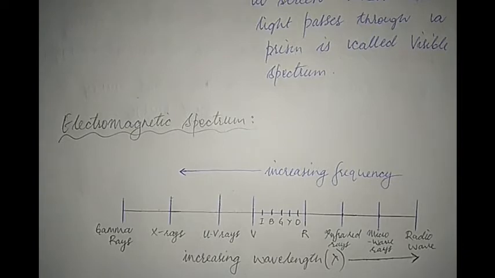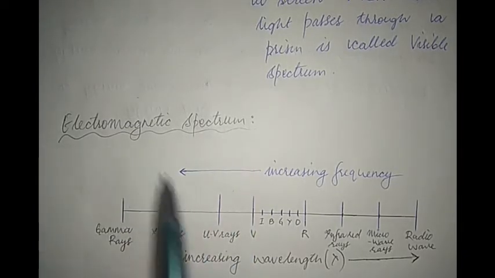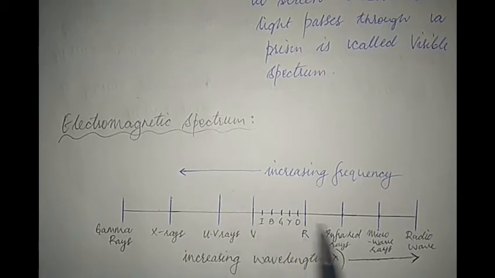So from now on, whenever you hear the word spectrum, you have to think of electromagnetic spectrum and not just the visible spectrum, remember. Now, this electromagnetic spectrum comprises gamma radiations or gamma rays, X-rays, ultraviolet rays, of course our visible spectrum, VIBGYOR, infrared rays, microwaves, and radio waves.